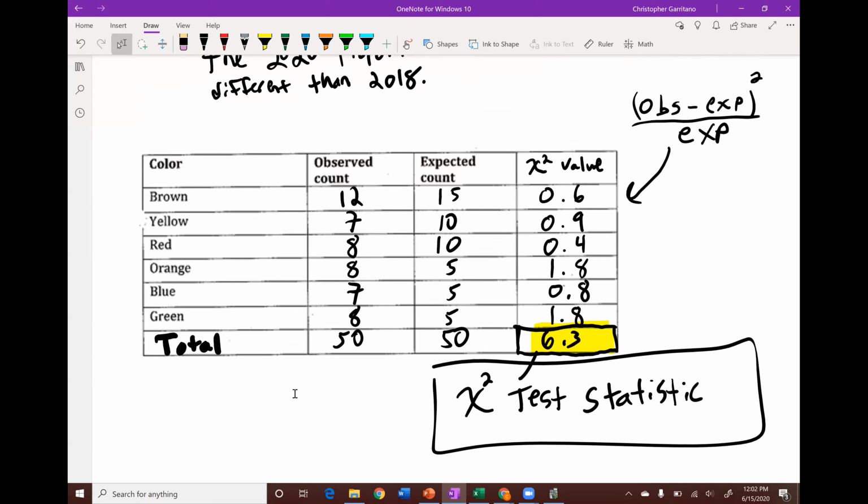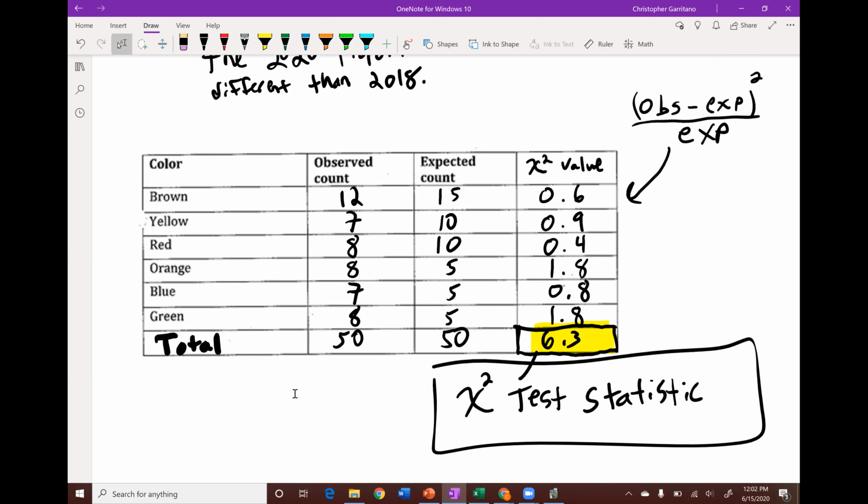That would mean that each observed count and each expected count for their respective rows are exactly the same. So the smallest possible chi-squared value is 0. And if these things are wildly different, in theory, the chi-squared test stat could potentially be infinity. So the range of possible values for your chi-squared test stat is from 0 to infinity.